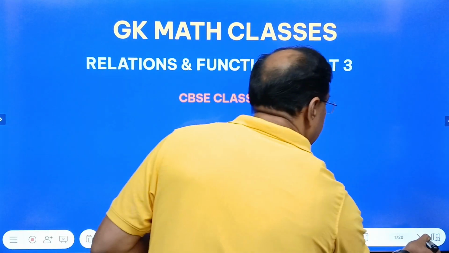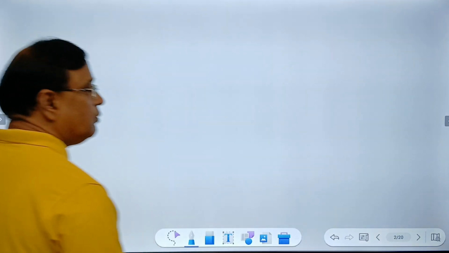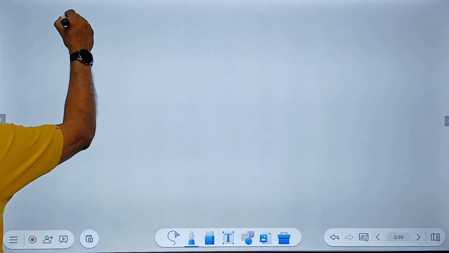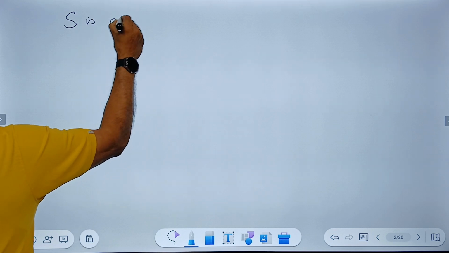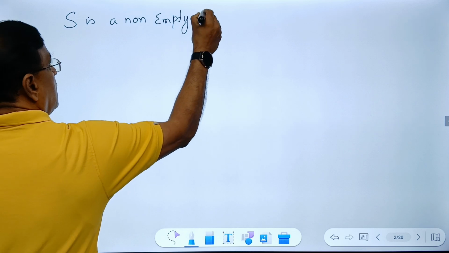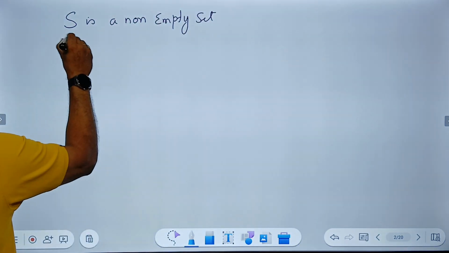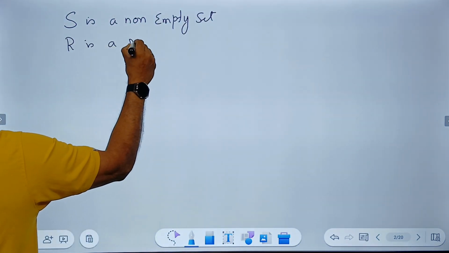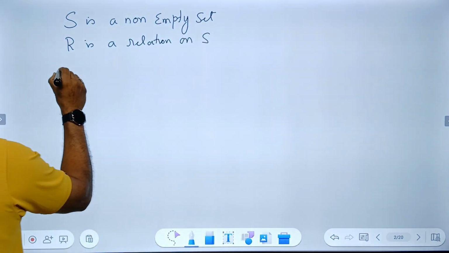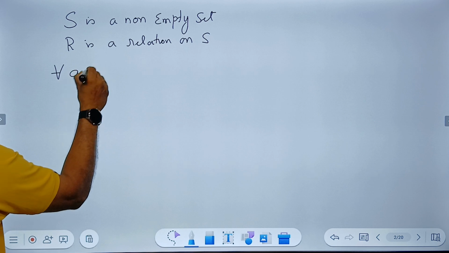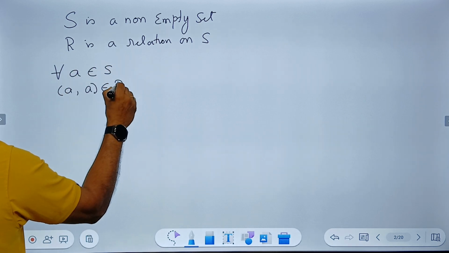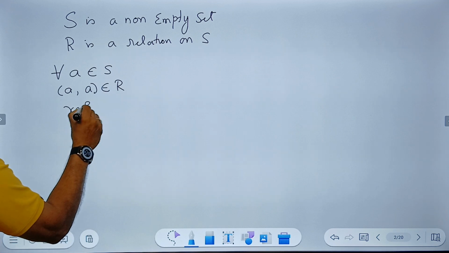Okay, before we go to the first question, just a brush up of what we have done. S is a non-empty set, and R is a relation on S. If for every A belongs to S, (A, A) belongs to R, that is, every element is related to itself, you call that relation a reflexive relation.